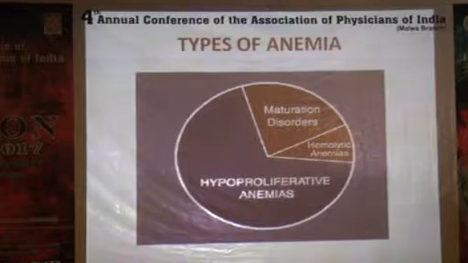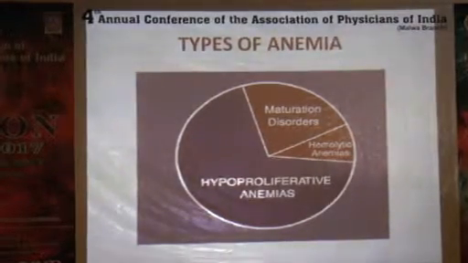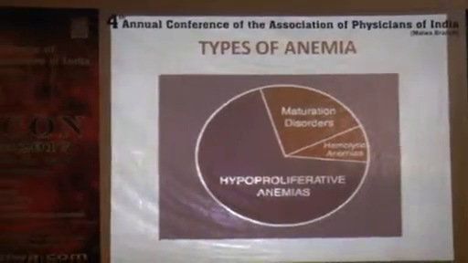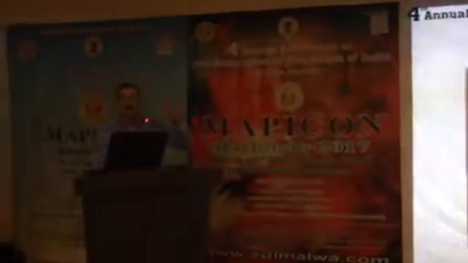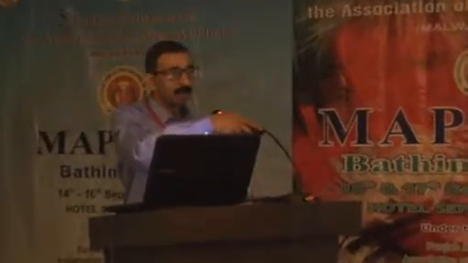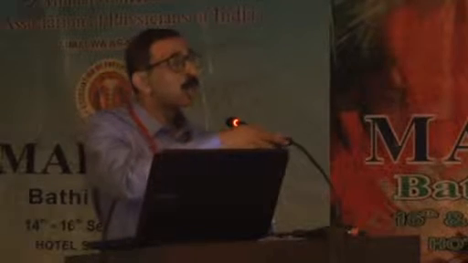Now why I am focusing on this slide is, you have seen in the previous slide how the cell matures from a stem cell to a full-blown red blood cell. So for the bone marrow to manufacture a red blood cell, we need two things. One, we need proliferation. The cells should proliferate. And second, they should mature.